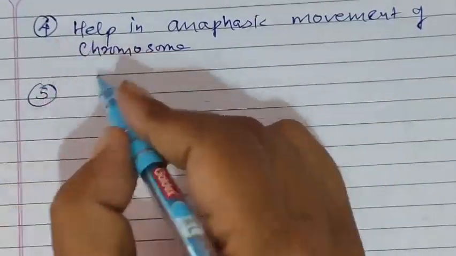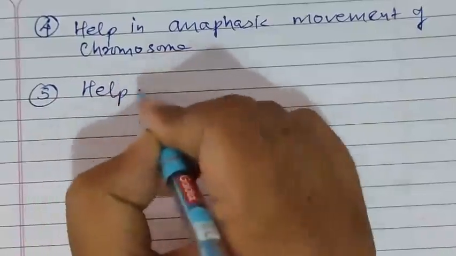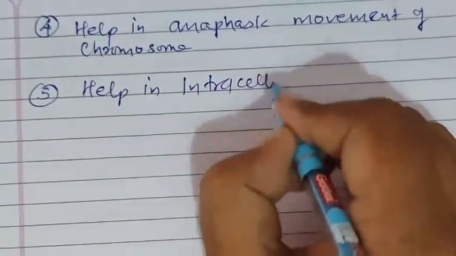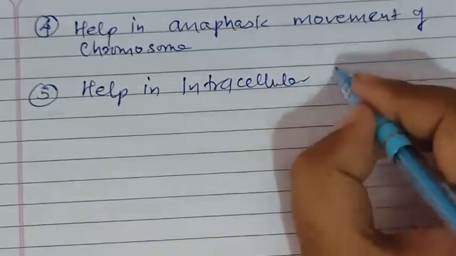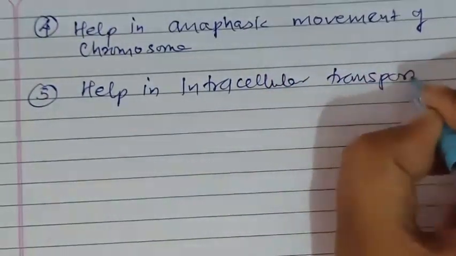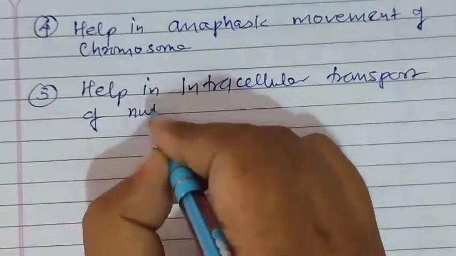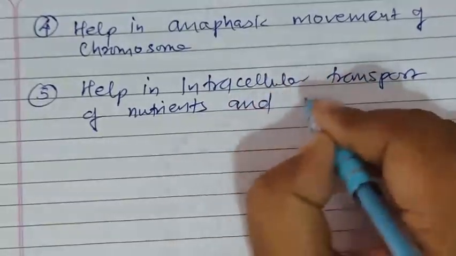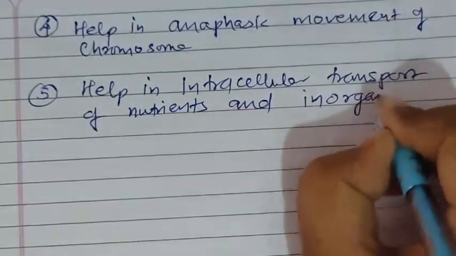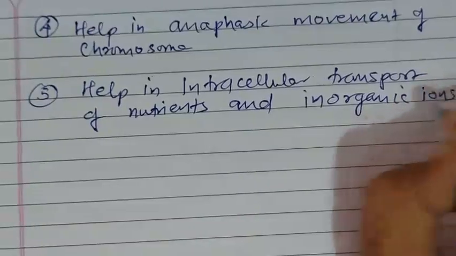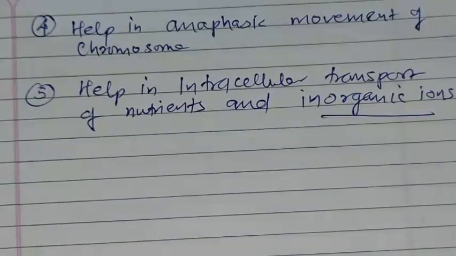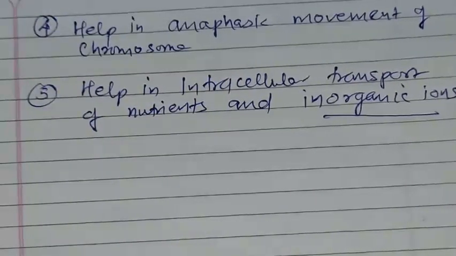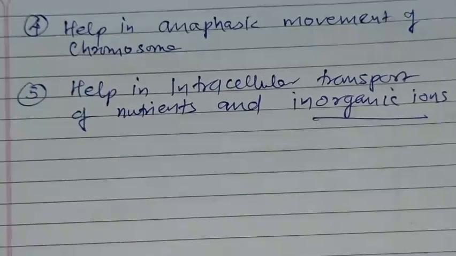Fifth function is they help in intracellular transport of nutrients and inorganic ions. So within the cell, the transport of minerals and inorganic ions is also facilitated by these microtubules.